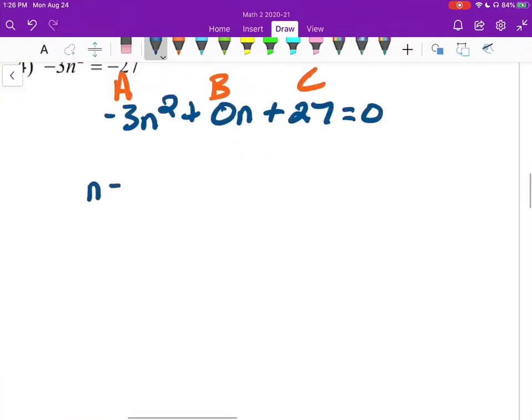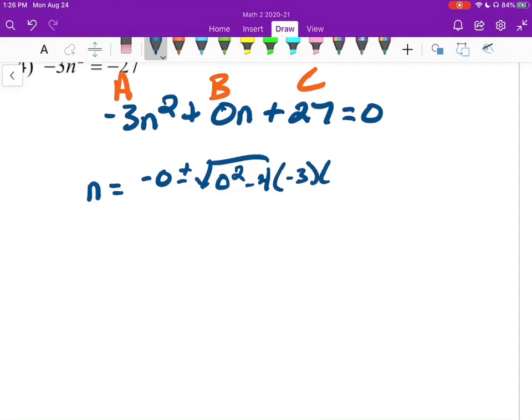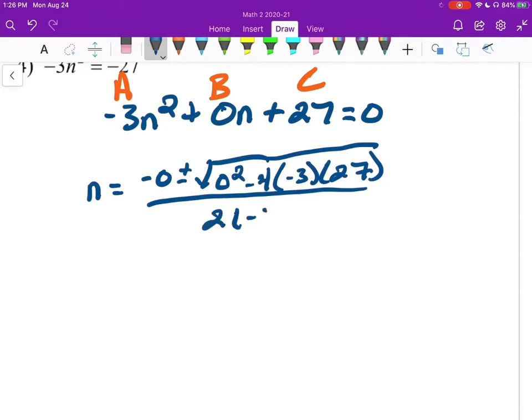So n equals negative 0, which doesn't make a whole lot of sense, but that's okay. Plus or minus the square root of b squared, 0 squared, minus 4 times negative 3 times 27, all over 2 times negative 3.